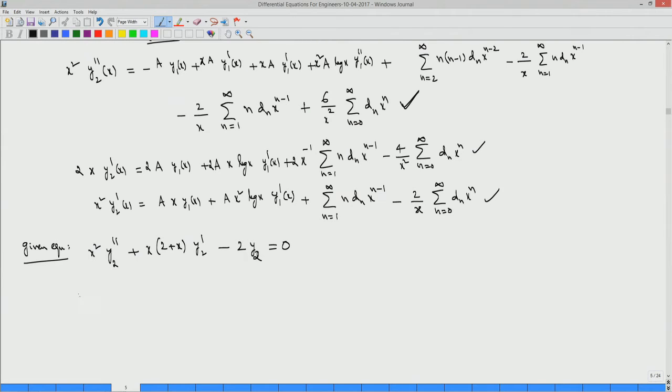So what do you get? So you get minus a, let us do it meticulously. So y1 of x plus x a y1 dash. So you have 2x a y1 dash of x.